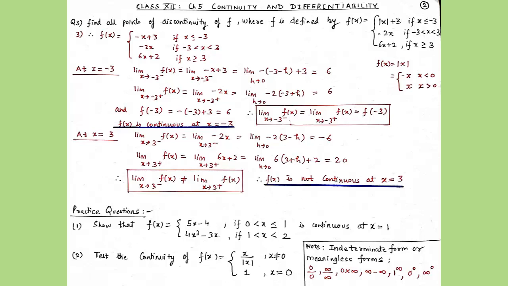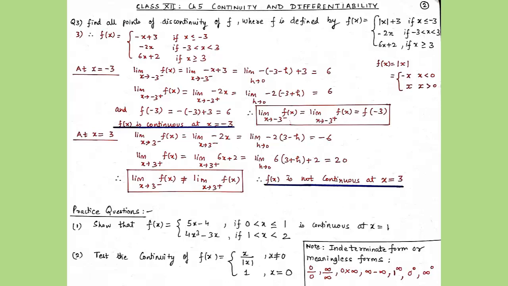First we will take the left hand limit, that is limit x tends to minus 3 minus f(x), and this is equal to limit x tends to minus 3 minus of, and we know that our function f(x) will be equal to minus x plus 3 when x is less than or equal to minus 3. So here we get limit x tends to minus 3 minus of minus x plus 3, and now we will put in place of x, x equal to minus 3 minus h.